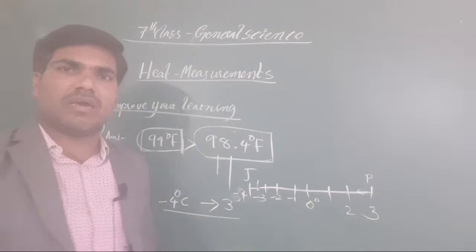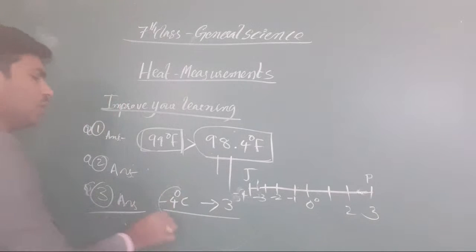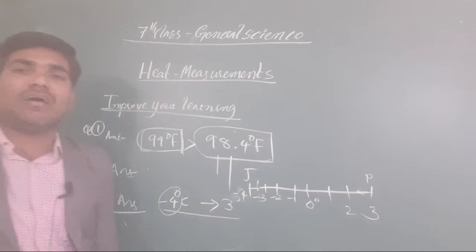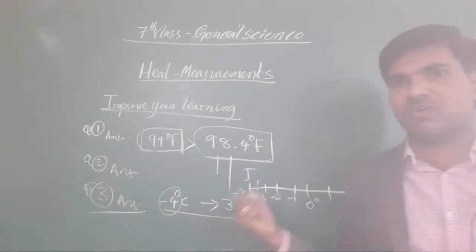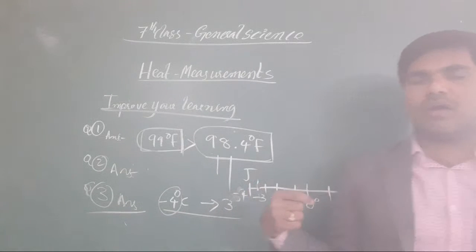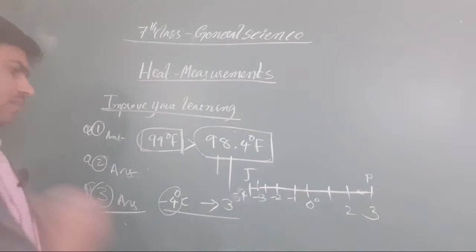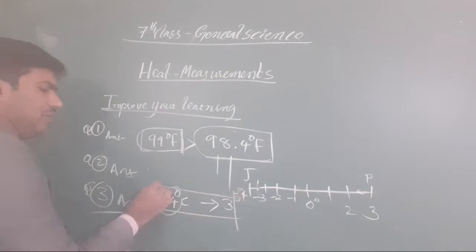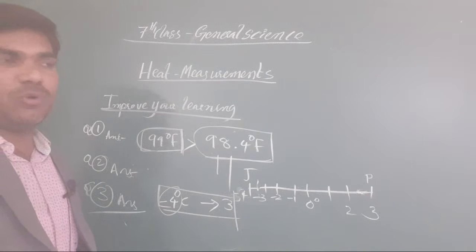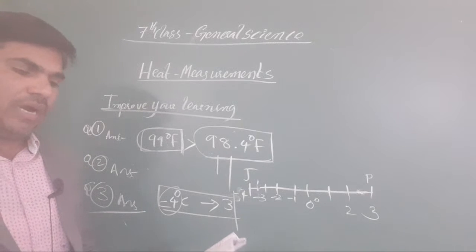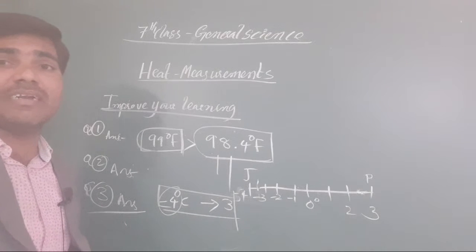Plus 3 is the greater temperature. Minus 4 is the lowest temperature. Got it or not? That's why Paderu has the greatest temperature, and the temperature difference between these two places is 7 degrees.